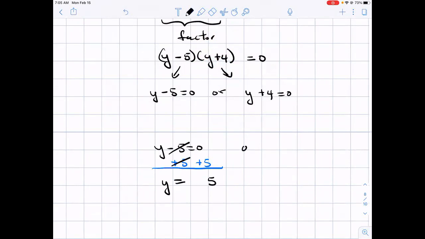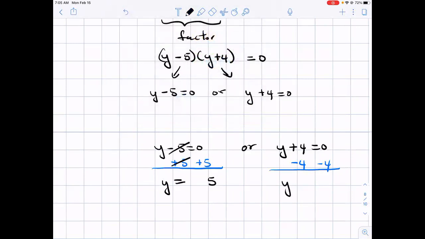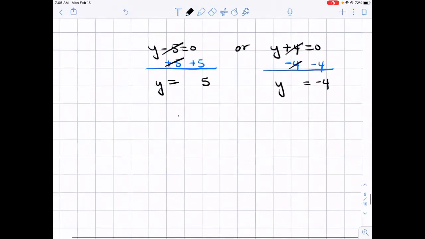Or on the y plus 4, we subtract 4 on both sides, and y is 0 minus 4, which is minus 4. Don't forget, check, check.